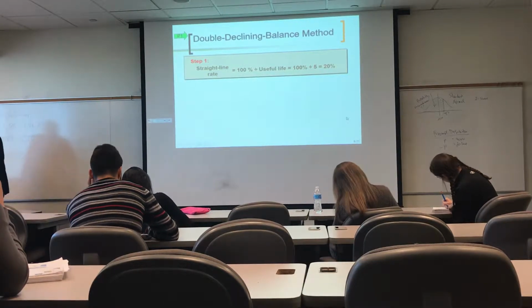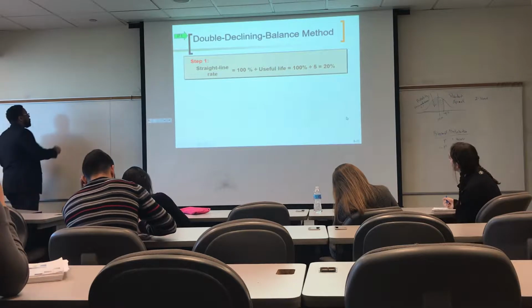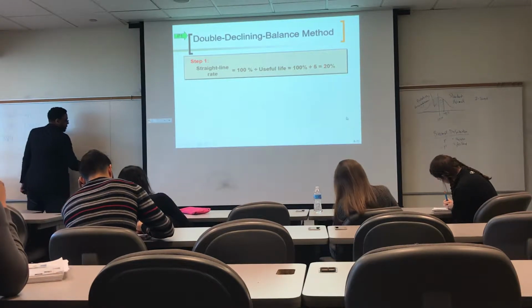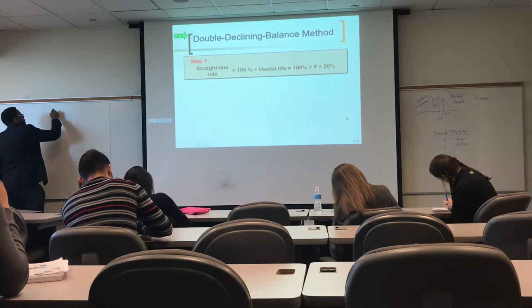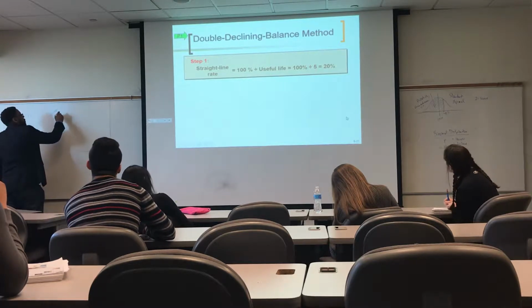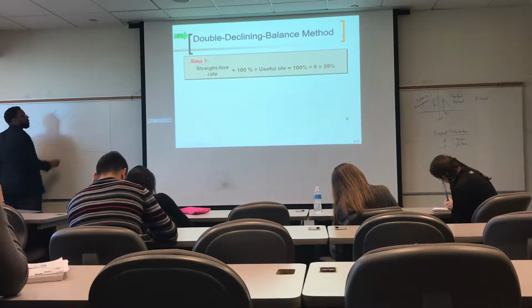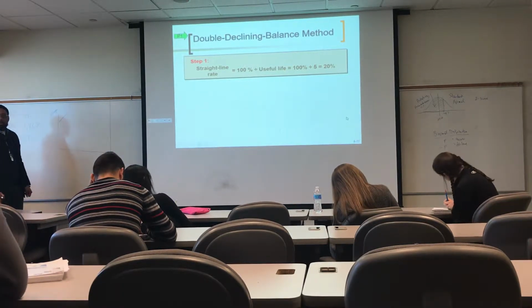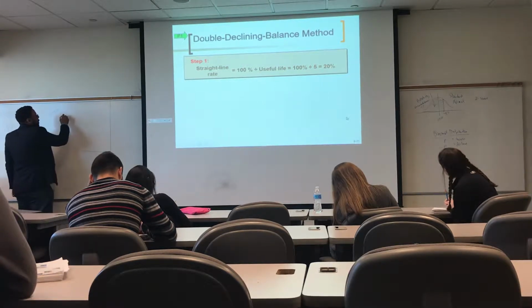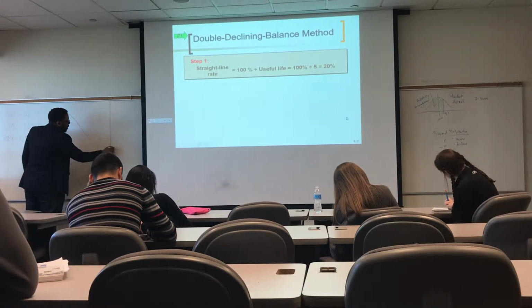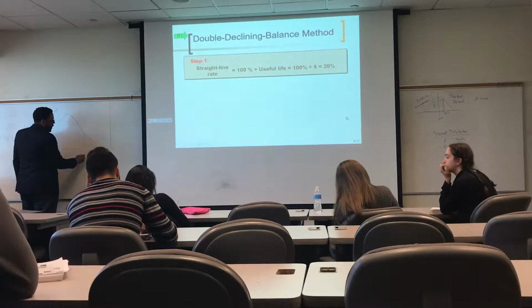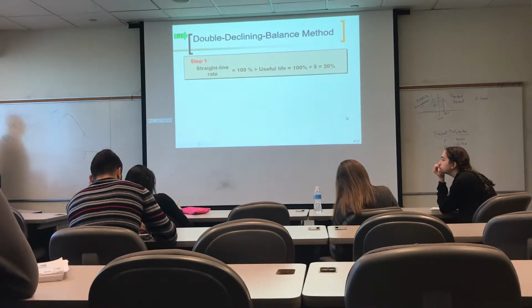If you were to do a chart of usage over time, your cell phone will probably start off with a lot of usage within the first year and then just fall off. And by the third year, it will be almost no usage at all.